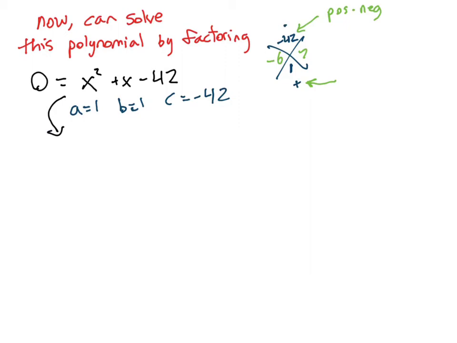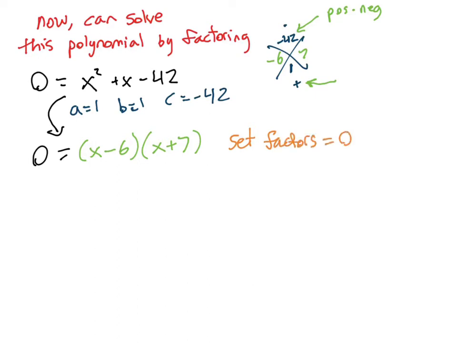So let's break this apart into its factors, and we have 0 equals x minus 6 times x plus 7. Now to get our final answers and figure out what x is equal to, we can set each of these factors equal to 0 and solve for x, because what this equation is really telling us is that something times something else is equal to 0.